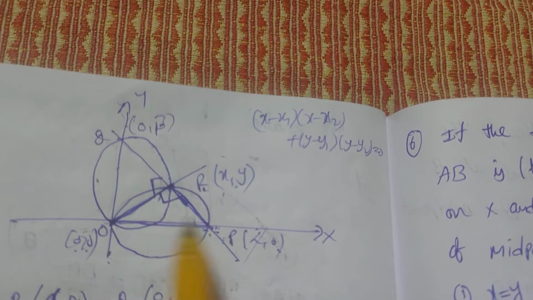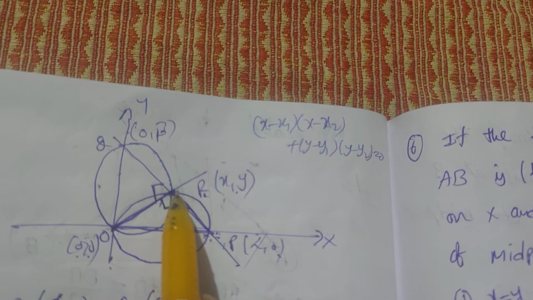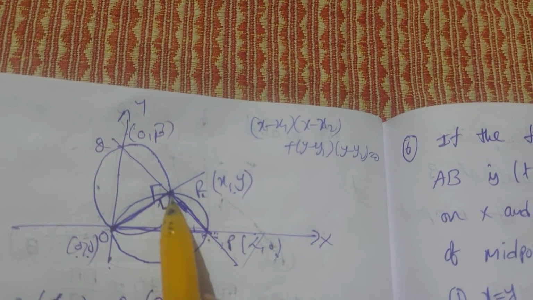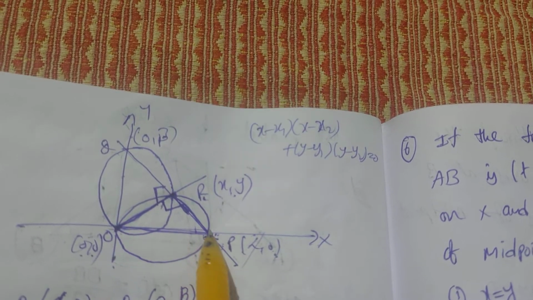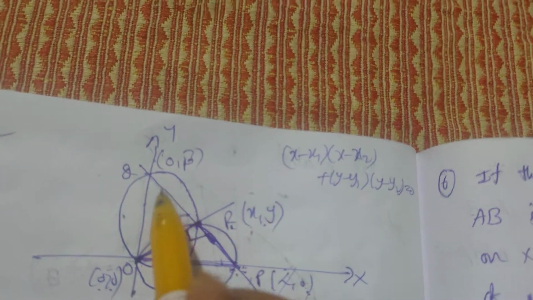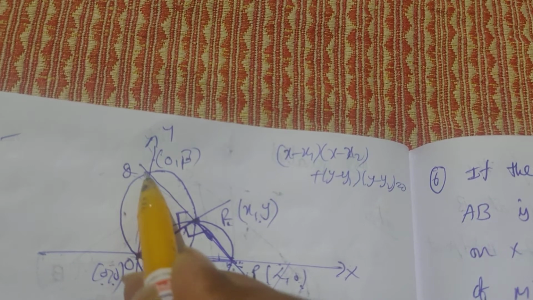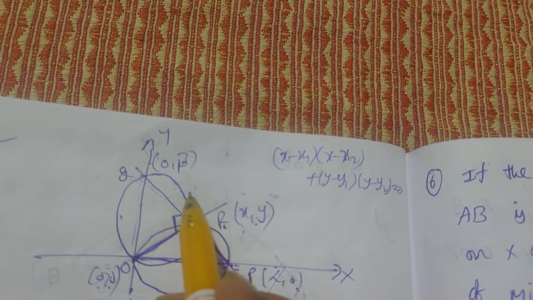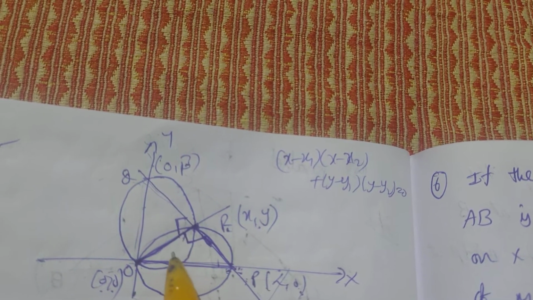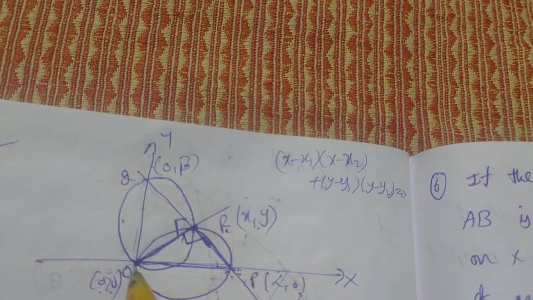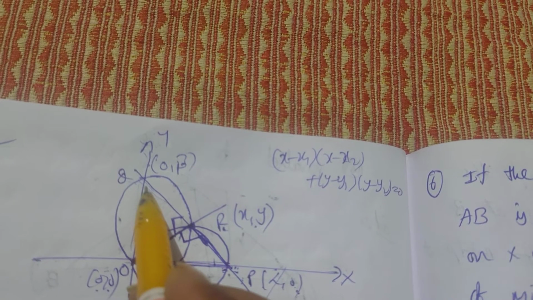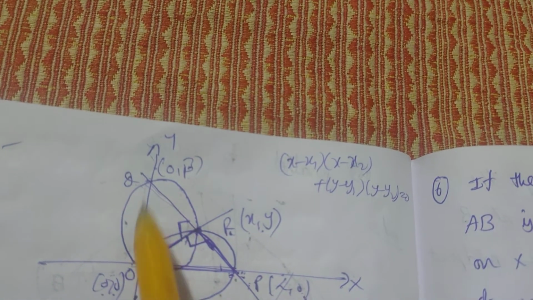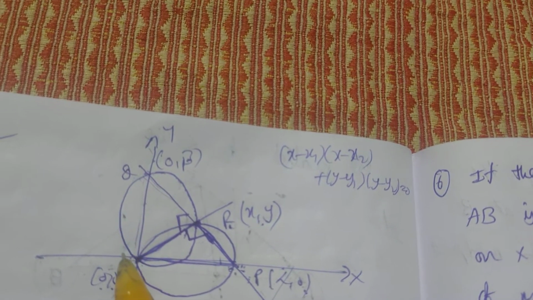So here OP is the diameter, and R is any point on the circle such that angle ORP is equal to 90 degrees. Similarly, if you observe, this is a right angle triangle at R. Similarly, we can draw a circle through this right angle triangle. The diameter is the line segment joining the non-right angle vertices, that is OQ here.